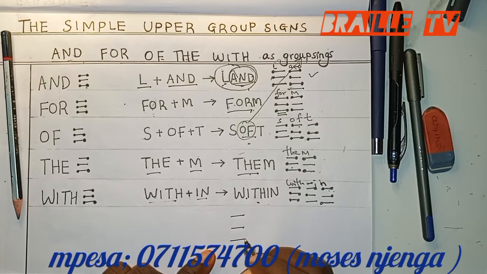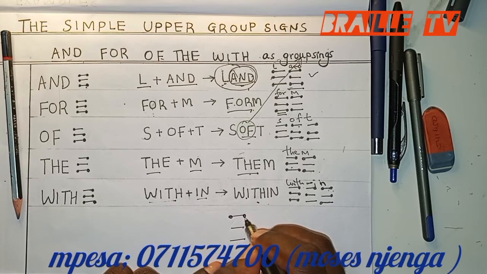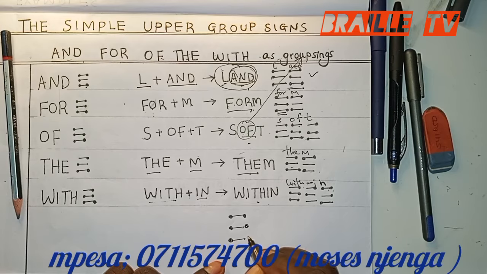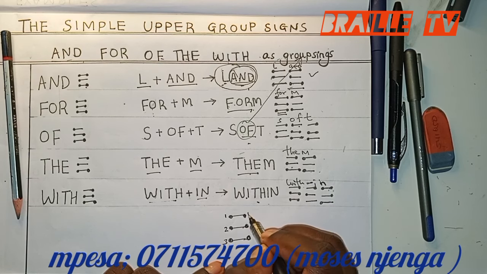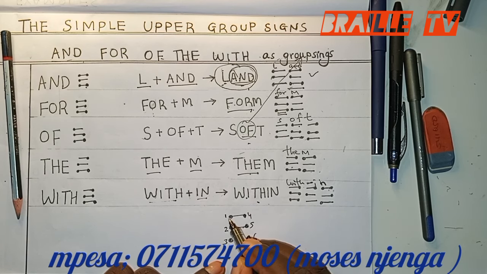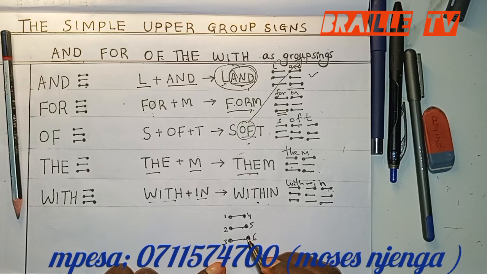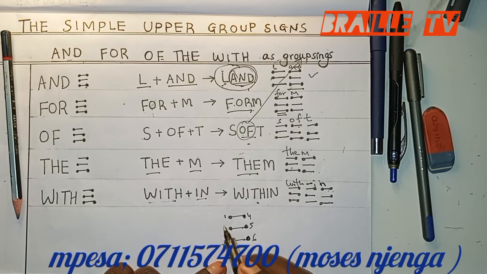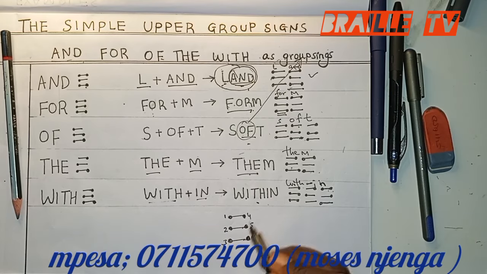Now, let me repeat this. We said this is what we call a Braille cell. A Braille cell contains 6 dots, and this is where we write our Braille. Each and every dot has a name, named in order from dot 1 up to dot 6. Remember, this is not 1 dot, 2 dot, 3 dot. This is dot 1, dot 2, which means this is the name of the dot.